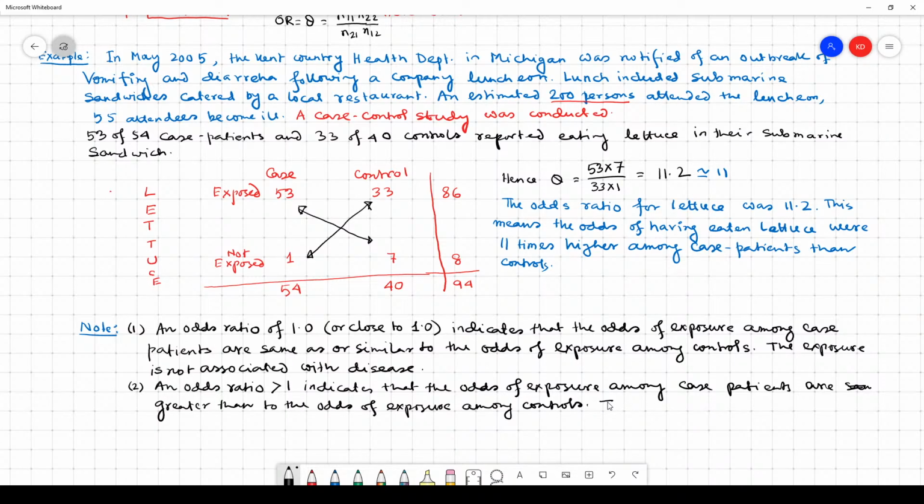Since the odds of exposure among case patients are greater than among control, this means the exposure might be a risk factor for the disease.